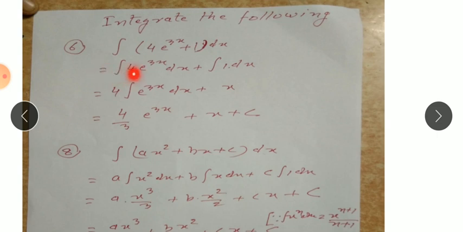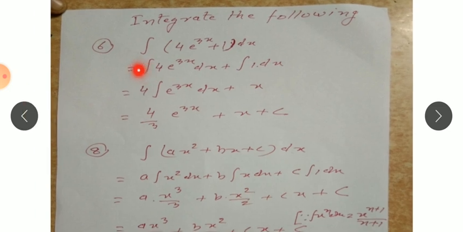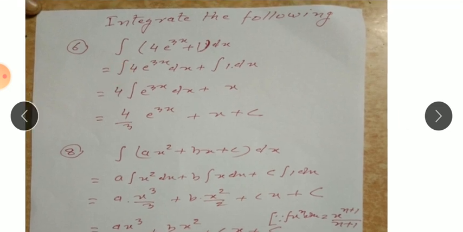See, in question there are two terms, and we have separated the terms. Now 4 is constant, integration of e raised to 3x, and you know that integration of 1 is x. Now using formula, this is 4 upon 3 e raised to 3x plus x plus constant of integration.